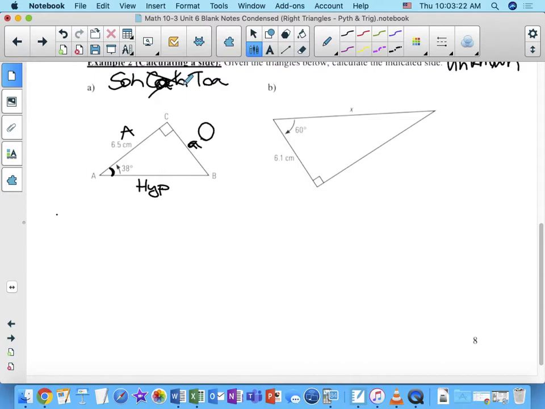I have this angle. I want the opposite side. What is the side that I know? Which of the three sides do I know? The adjacent side. So I know an angle, I want the opposite, and I've got the adjacent. Which trig ratio am I going to have to use?